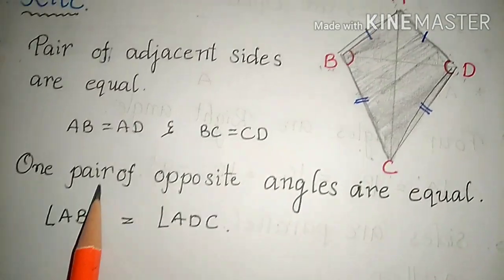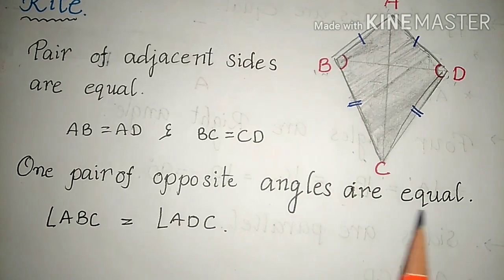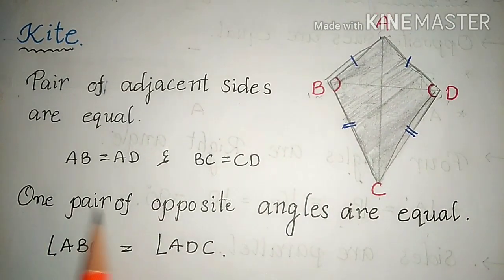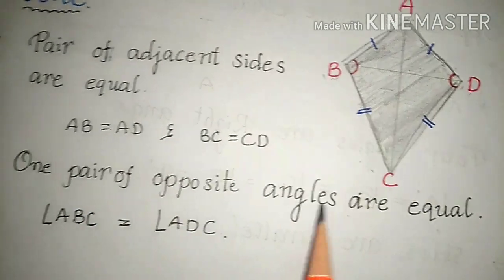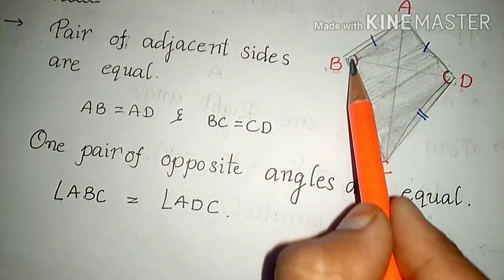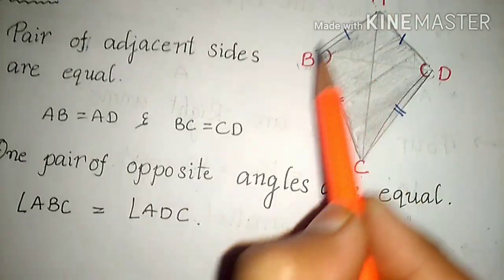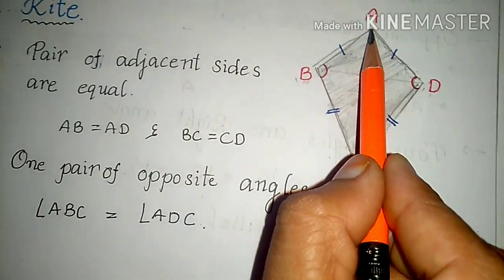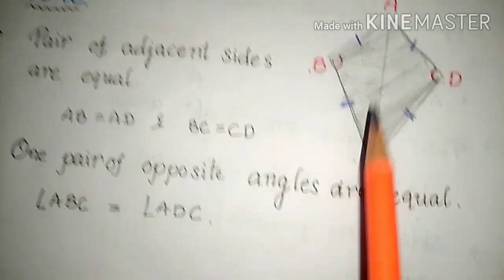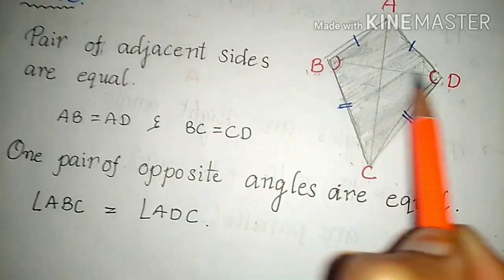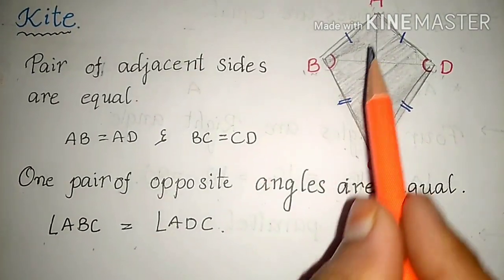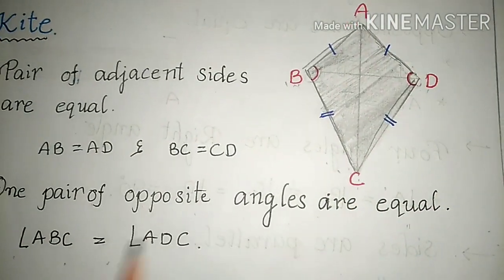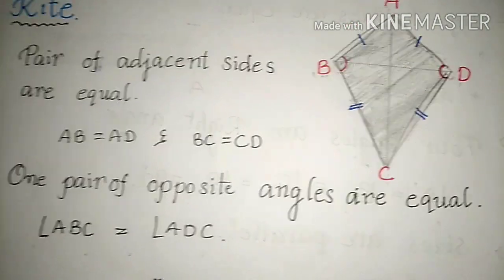Next, one pair of opposite angles are equal. Angle ABC is opposite to angle ADC. These are opposite angles. So angle ABC equal to angle ADC. Opposite angles are equal.